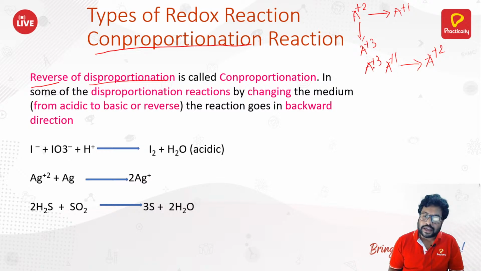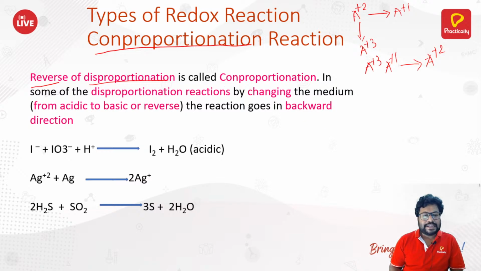Here A +3 is getting reduced, A +1 is getting oxidized. So a comproportionation reaction is basically exactly the reverse of a disproportionation reaction. That's why I have directly written here, the reverse of a disproportionation reaction is called a comproportionation reaction.